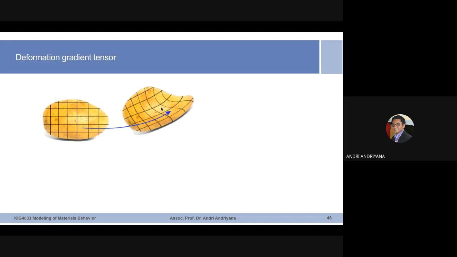Okay, so one line which is initially a straight line can become a curve here, depending on the nature of deformation, so it will not remain a line.